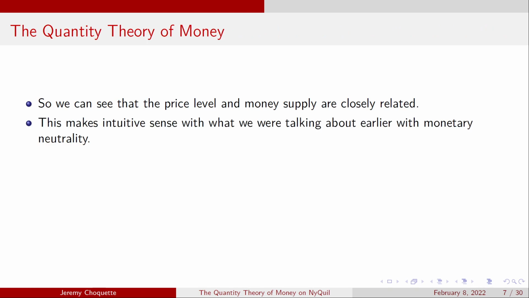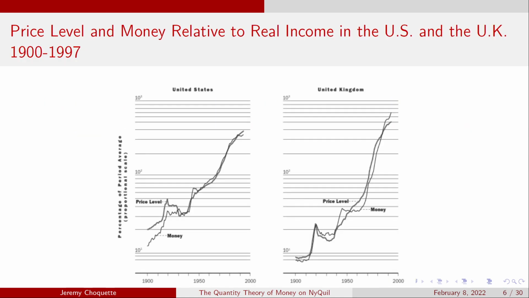So we can see that it does, to some extent, hopefully, make some intuitive sense with what we were talking about earlier when it came to monetary neutrality, right? Changes in the money supply only affecting nominal variables and not real variables. All right, if we go back, we can take a look at this. Well, the price level is a nominal variable, and money is a nominal variable.